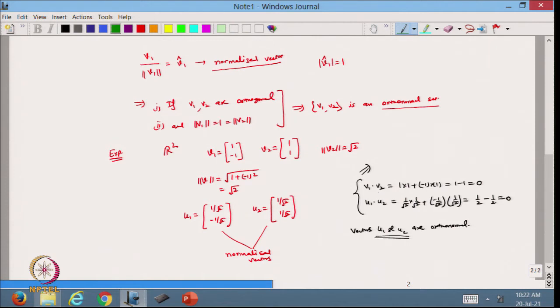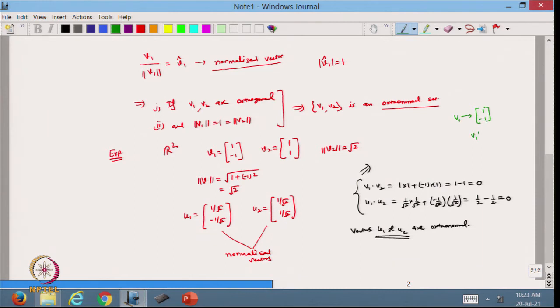This is in the vector form, where we know how to take the dot product, but I can also write this dot product in terms of matrices. V1 is a vector, and a vector V we always take in the column form, like this one we have taken.